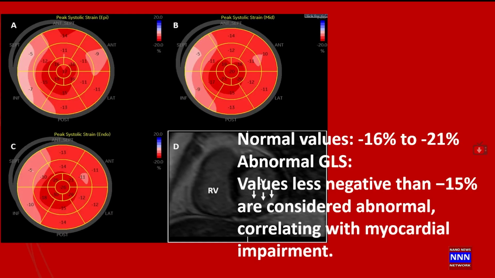So it is very important to understand that a normal ejection fraction doesn't mean that there's nothing going wrong with the heart, especially in patients with hypertrophic cardiomyopathy, or if they have myocarditis, or if they are on chemotherapy.